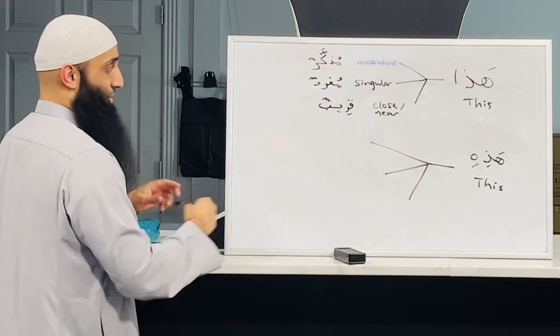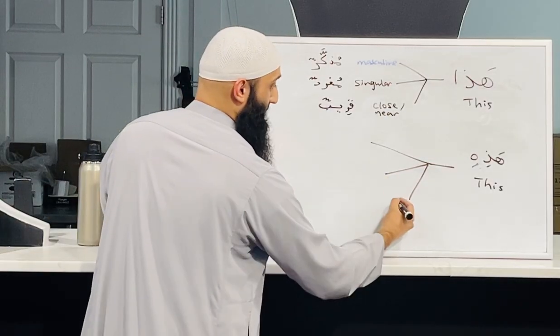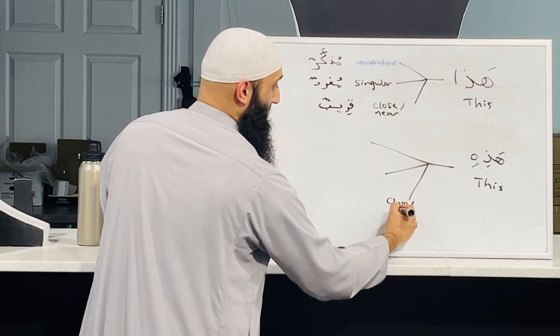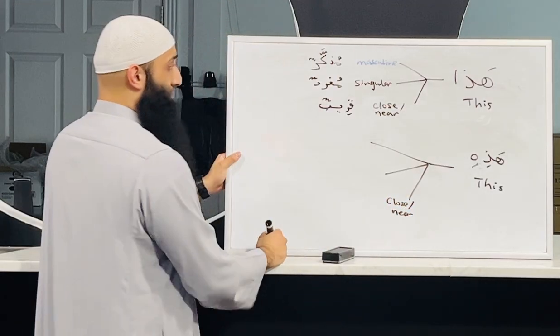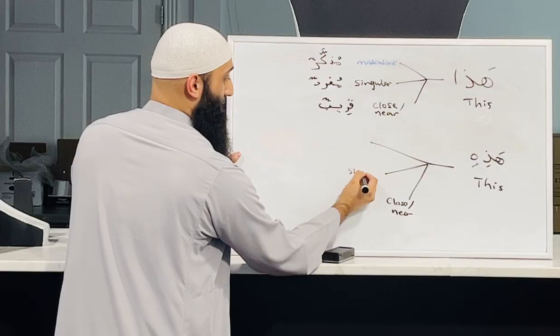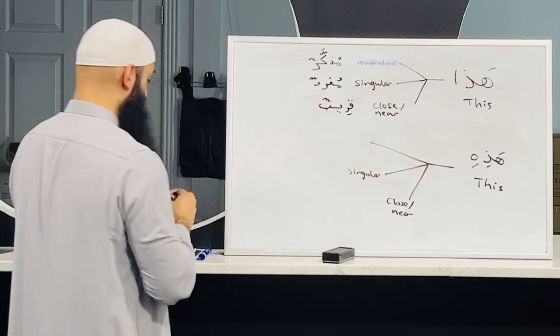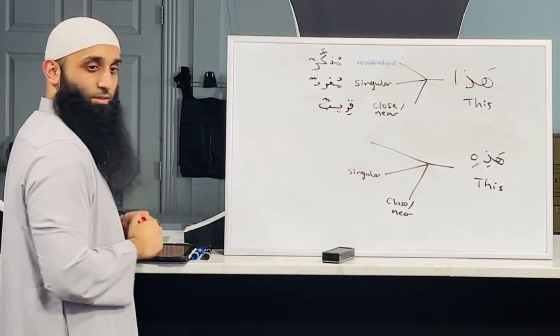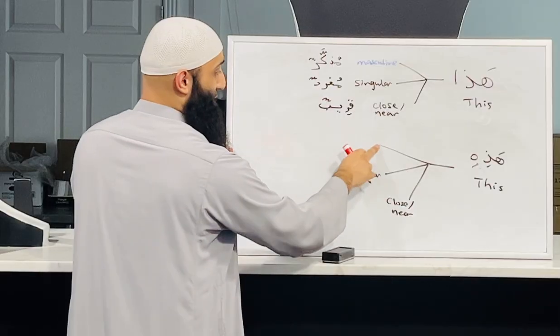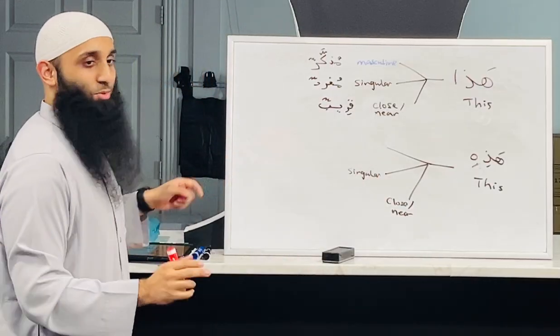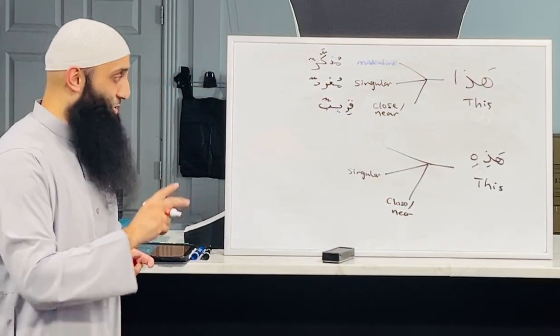So, in the same sense, we said close or near. We said singular. But the difference is the gender. Remember, there's only two genders. Not 26 or 37. There's only two.